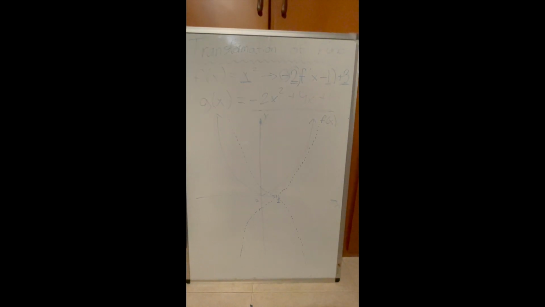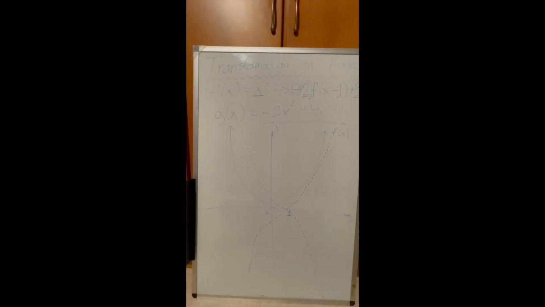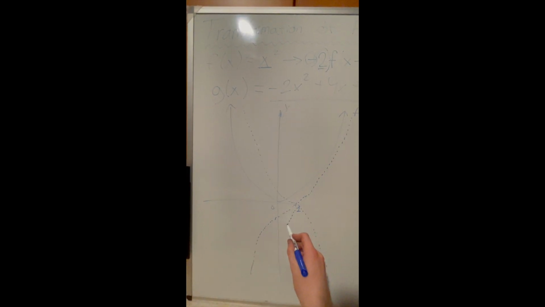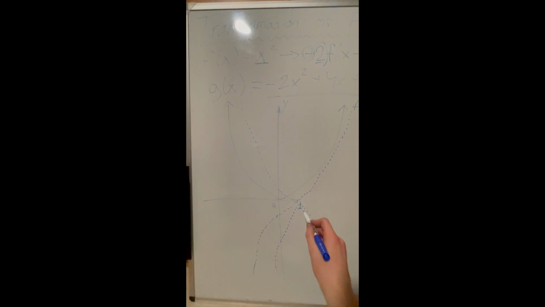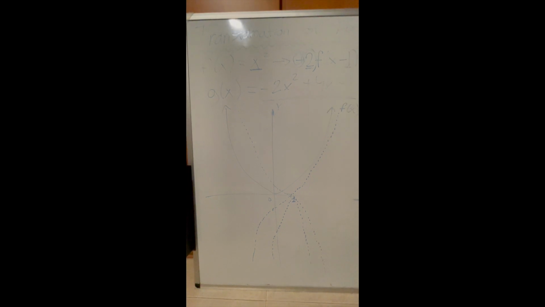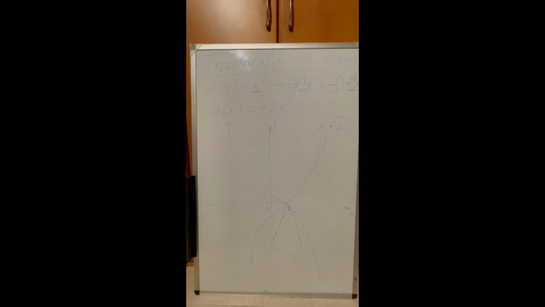Now let's apply our vertical stretch, which is by a factor of 2. This will make our function more narrow, so it will be something like so. And finally, we have our translation 3 units upwards.